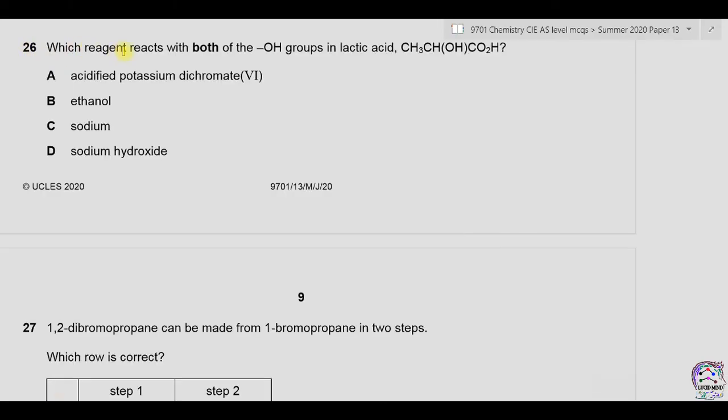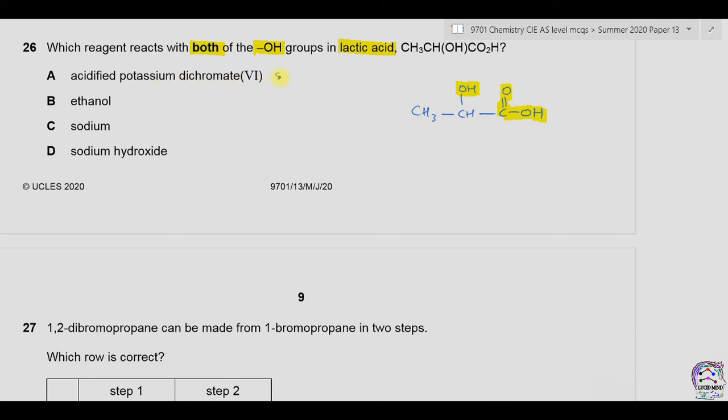Question 26. Which reagent reacts with both of the OH groups in lactic acid? Let's draw the structure of lactic acid. We have CH3, CH, OH, and C double bond O, OH. Now this is secondary alcohol group and this is carboxylic acid functional group. A, acidified potassium dichromate.